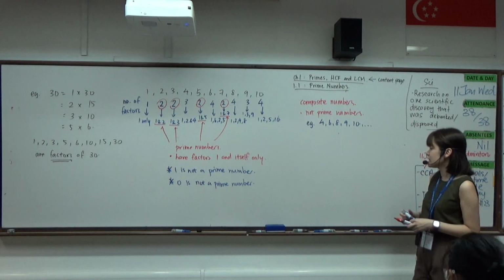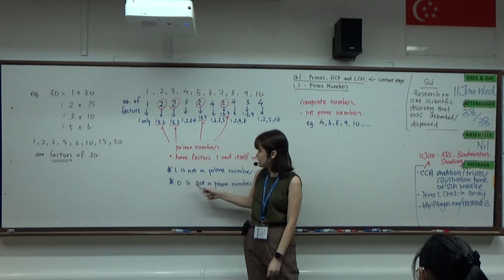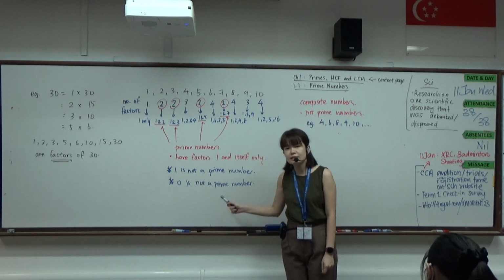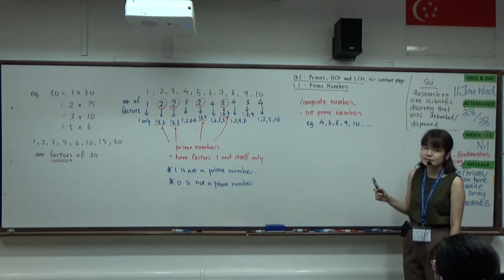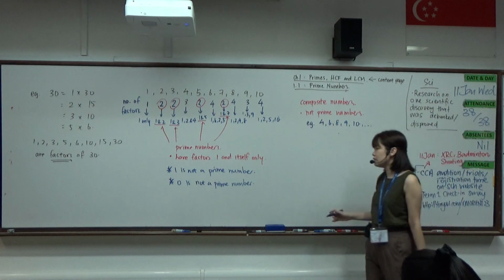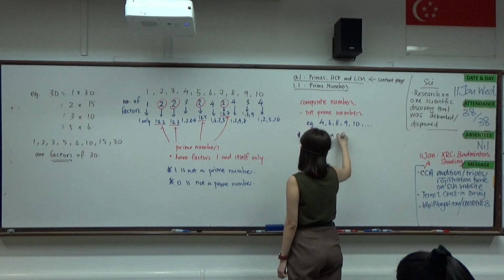Okay? A question that you may have in your mind now is, since 1 and 0 is not a prime number, does it naturally mean that it is a composite number? Okay? The answer is no. Right? 1 and 0 are unique numbers. So 1 is not a composite number as well.